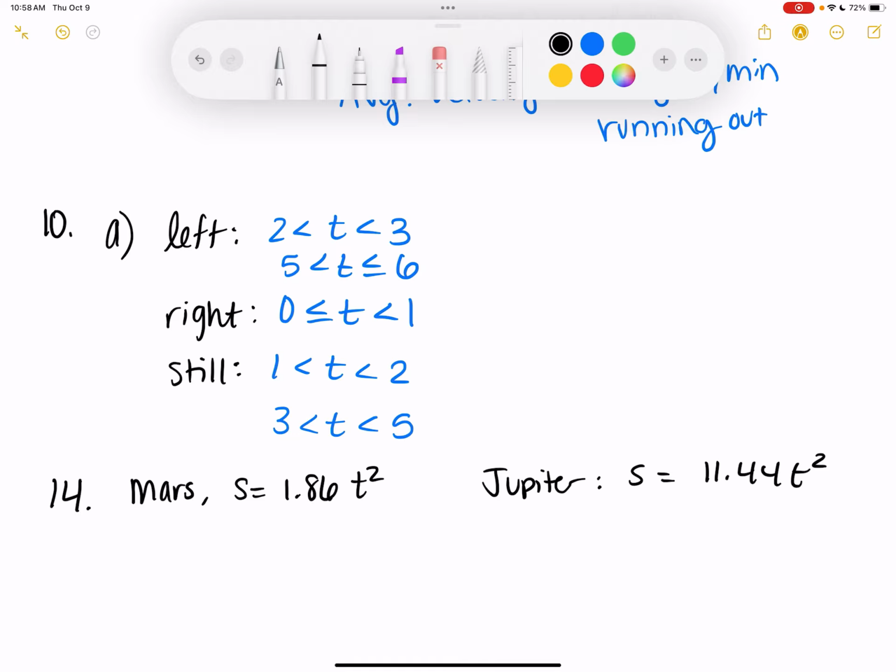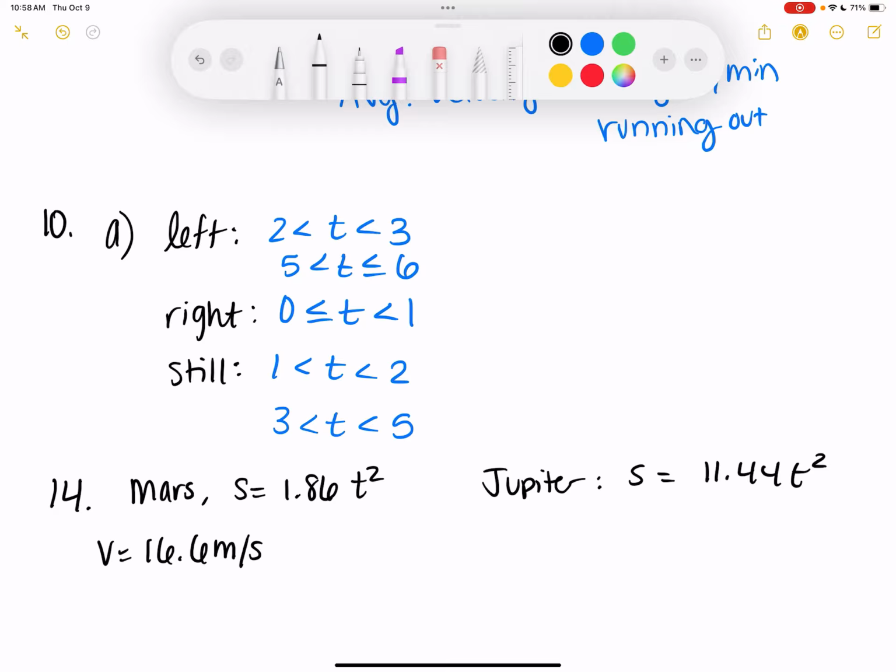So the velocity that we're trying to get to is 16.6 meters per second. Now, I have the equations for position. To find velocity, we take the derivative of position.